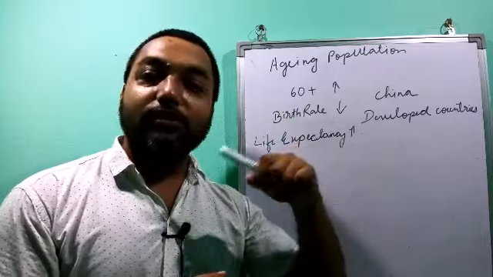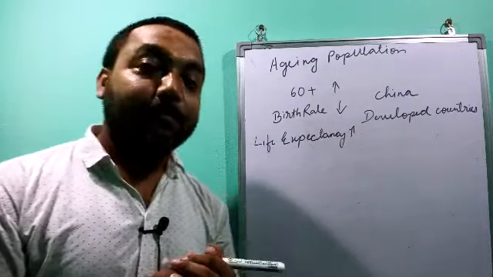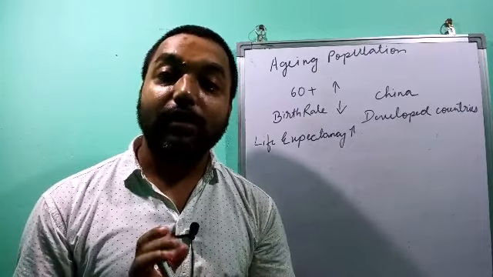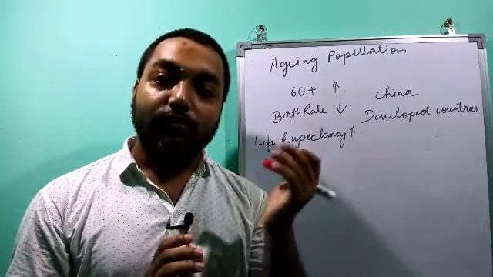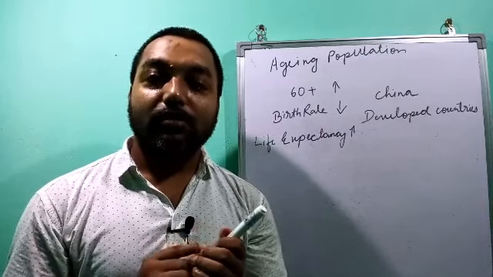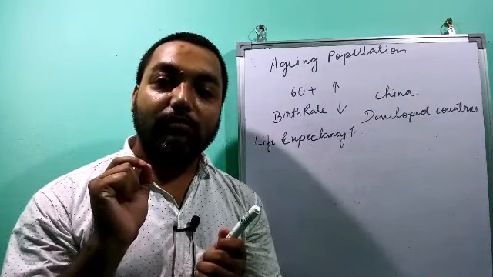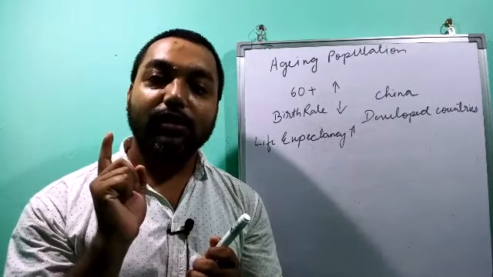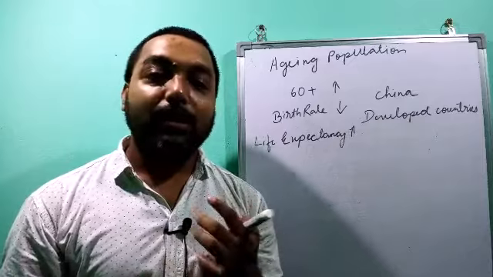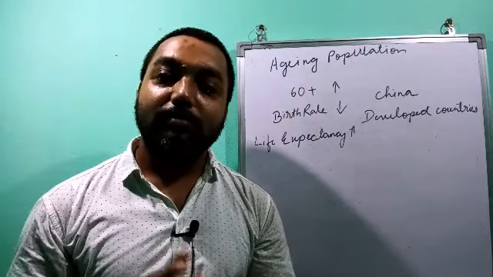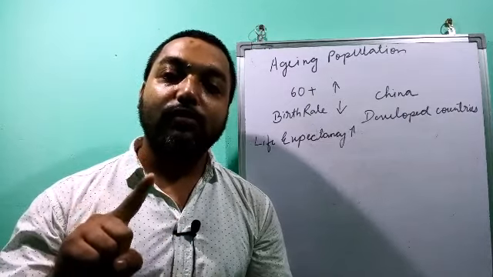Next, China, though it is not a fully developed country, is also facing that problem because of a policy adopted by China around 20 years back. It was known as the one child policy, and because China is a very communist country, it adopted this policy very abruptly, making every couple give birth to only one child.